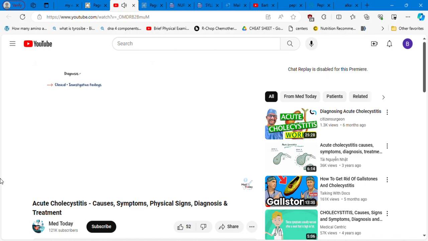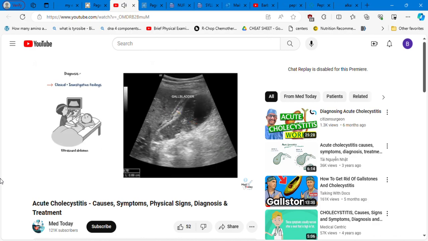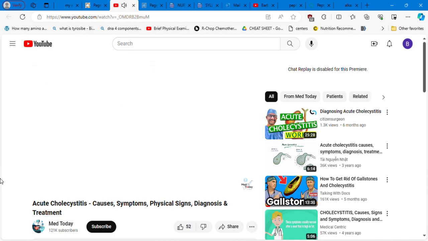The single most useful investigation for the diagnosis of gallstone-related disease is abdominal ultrasound, which may reveal gallstones in the gallbladder and inflammatory changes such as gallbladder wall thickening and pericholecystic fluid. In addition, blood tests may show moderate leukocytosis. C-reactive protein levels may also be elevated. And marginal elevation of serum bilirubin, alkaline phosphatase, and aminotransferases may be seen.